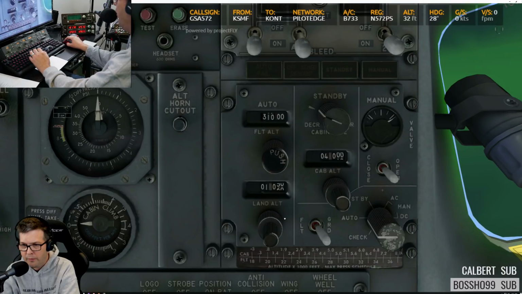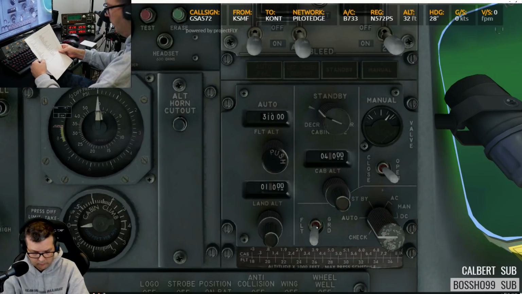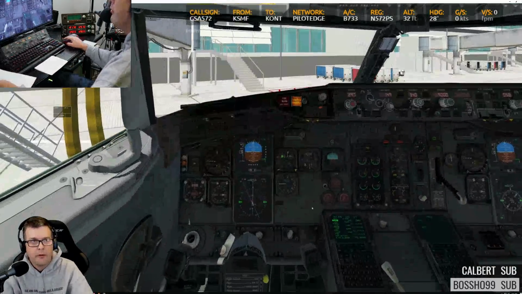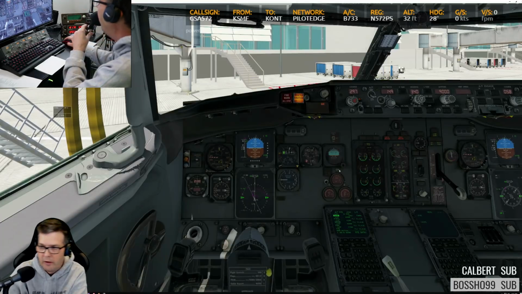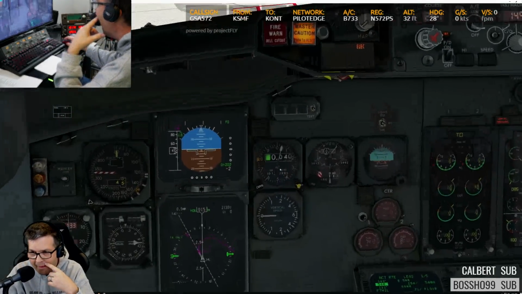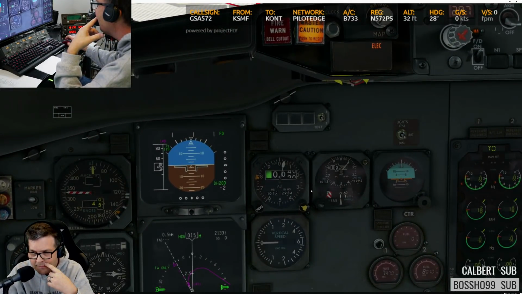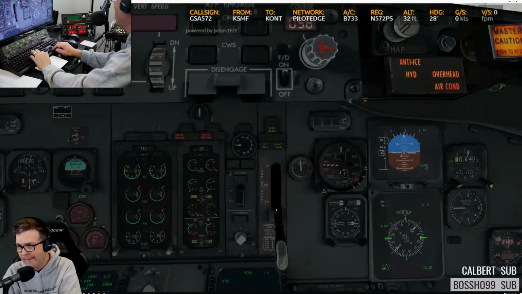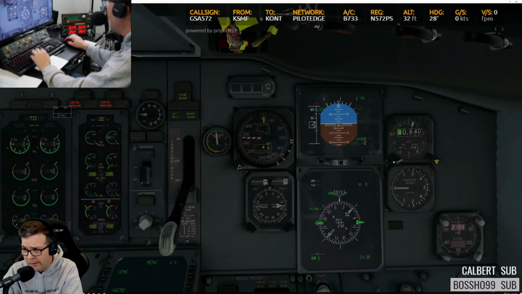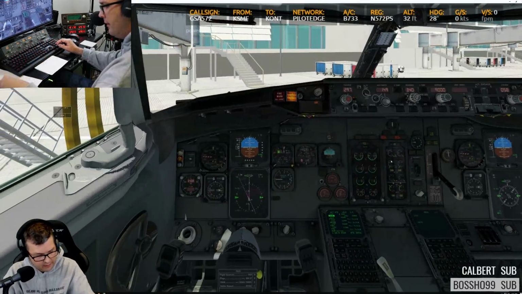And 1,000 feet. That's fine. Altimeter is 2984. Set.